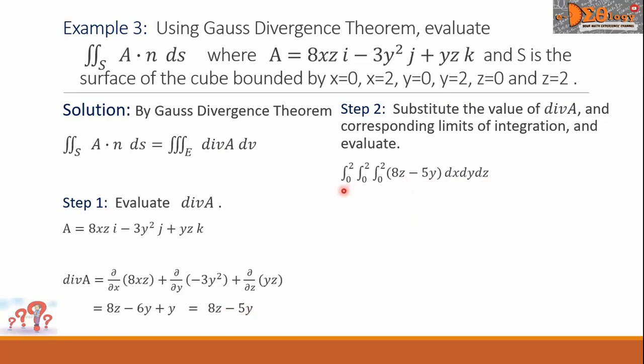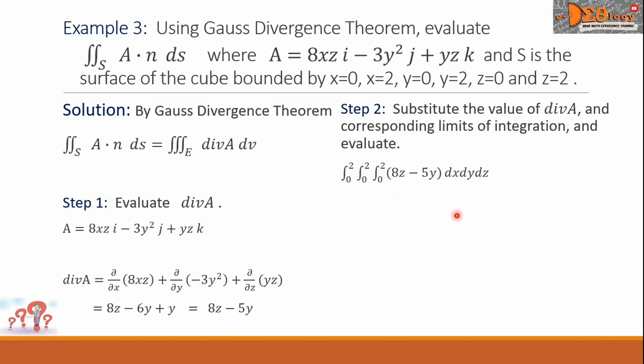For the first integral here, we write from 0 to 2, with respect to z. The second integral, the limits are from 0 to 2, with respect to y. And the innermost integral is from 0 to 2, with respect to dx.